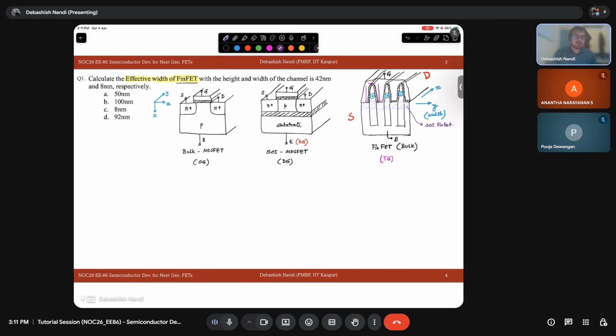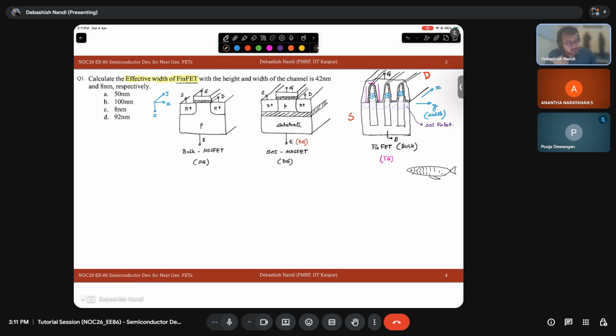Why is it called FinFET? Any idea? Yes, sir. Because there's a fin-like structure coming out of it, right? So what is a fin? What do you mean by fin? Is it something like an extension of the gate? No, no. What is this fish?